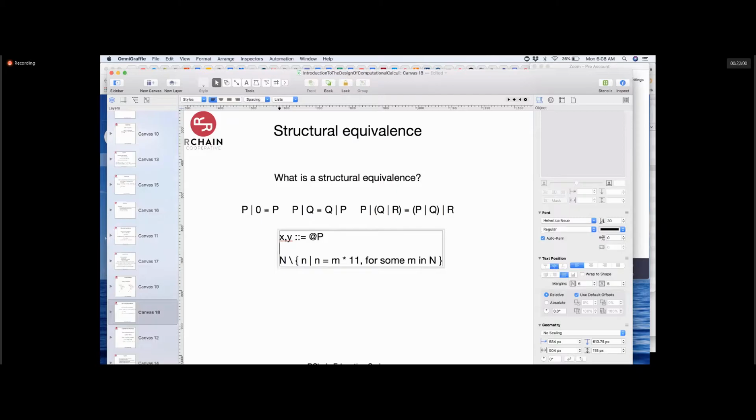So similarly, we can take away some set of names. Call it a capital X, from L of, I'll write it as @P. So that's the set of all names.